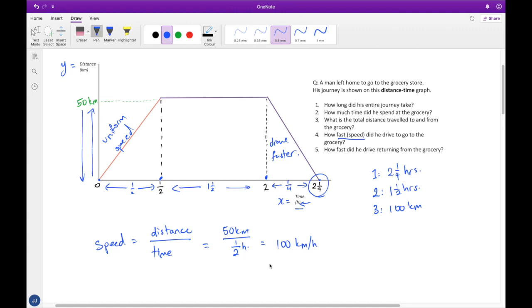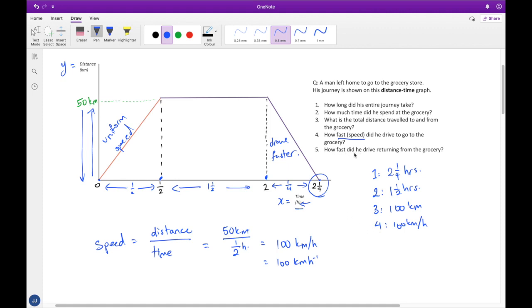Another way to write it, and you will see some people writing it as 100 kilometers per hour to the -1, the h to the -1, it's just a fraction thing, and they both mean the same thing. So for number 4, he drove 100 kilometers per hour, right?